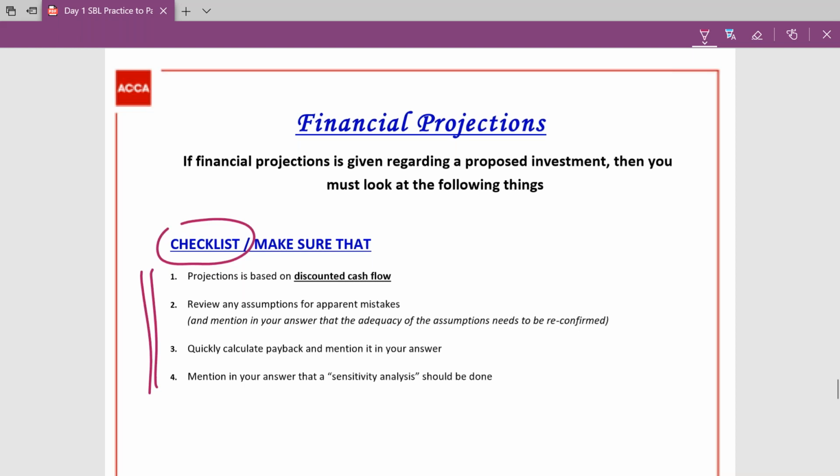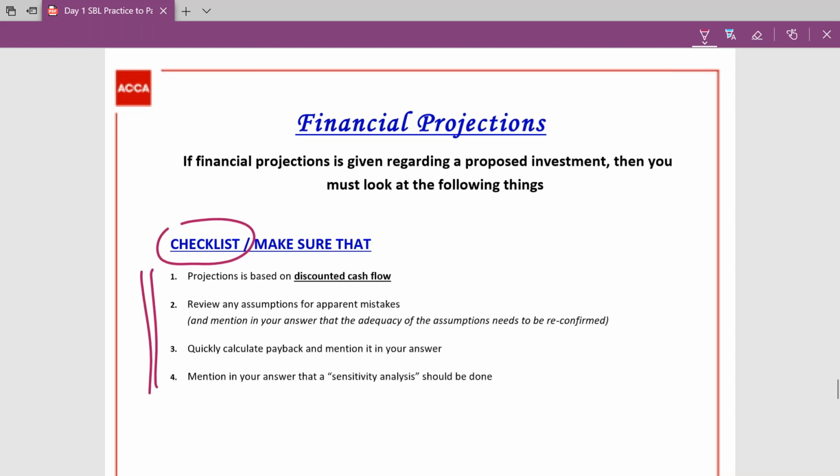Second thing, you need to review any assumptions for apparent mistakes. A few of the assumptions will be mentioned underneath the projections, so just go through them line by line. Since you have already read the case study and the previous exhibits, you will be able to spot any apparent mistake in the assumptions.